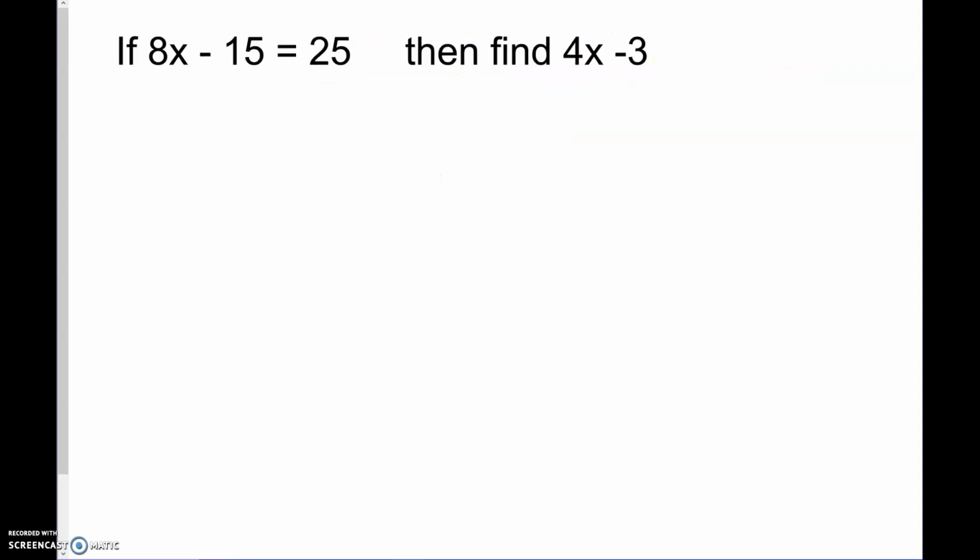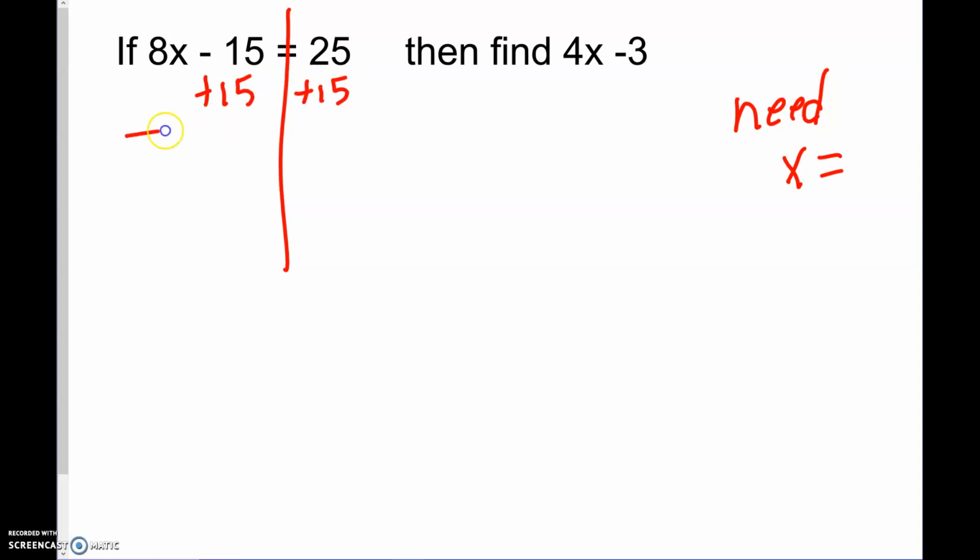All right, our last problem here, and I have about a minute. So if I'm hurrying at the end, it's because I only have a minute. If 8x minus 15 equals 25, then find 4x minus 3. We need x. So what does x equal? Well, I'm going to add 15 and add 15.